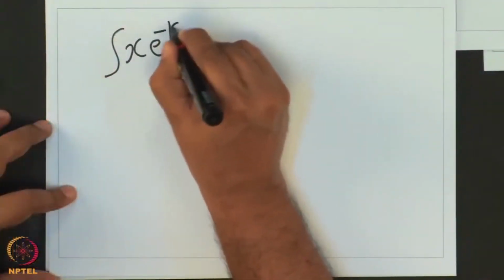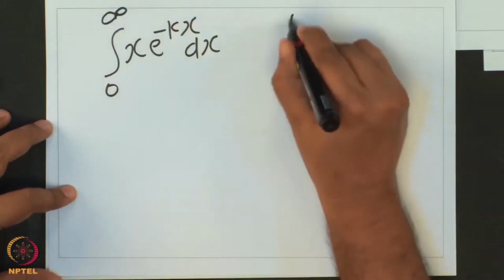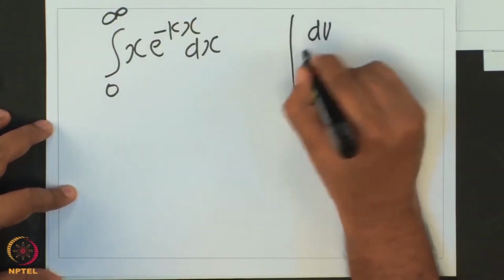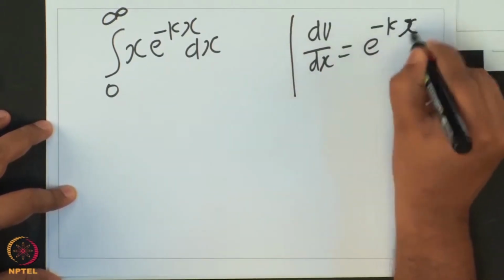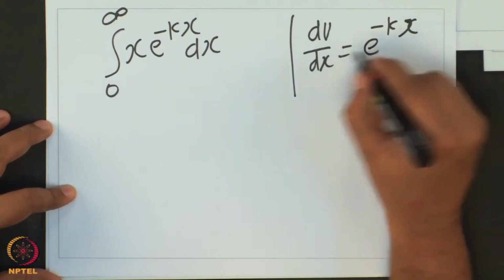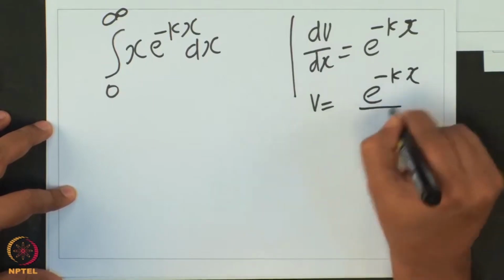So let me redo this a little bit more properly. So what do I want? I want the integral of x e power minus kx dx from 0 to infinity. What we know is that dv by dx is e power minus kx. So the integral of this, v, would be e power minus kx divided by minus k.